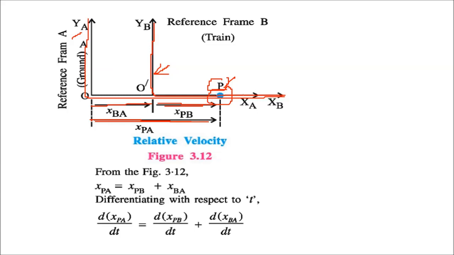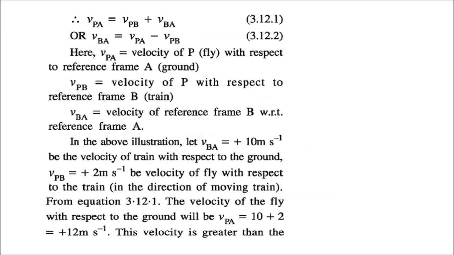Okay. Now in this figure, please see that XPA is simply equal to XBA plus XPB. So XPA equals XPB plus XBA. Now differentiate it with respect to t, and we know that dx by dt is velocity. So VPA is equal to VPB plus VBA, and let us rearrange it.